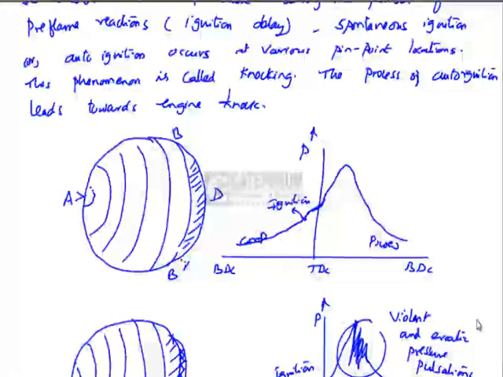In spite of all these factors, if the temperature of the end charge has not reached its self-ignition temperature, the charge would not auto-ignite and the flame will advance further and consume the charge B'D. This is a normal combustion process which is illustrated in figure 1. In the normal combustion process, as the flame front is advances from A to D, the last portion of unburned charge, which is shown with the dotted lines, is compressed.